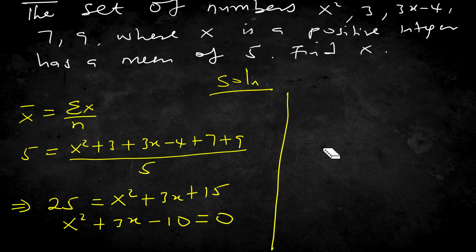Remember, x is a positive integer, and it's a quadratic. Factors of 10: 5 and minus 2.